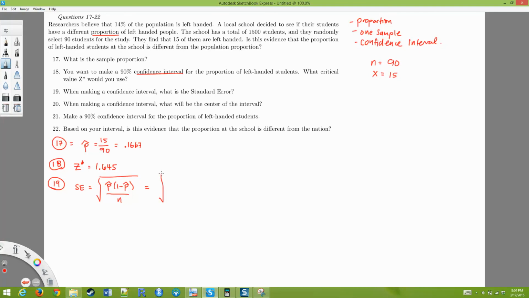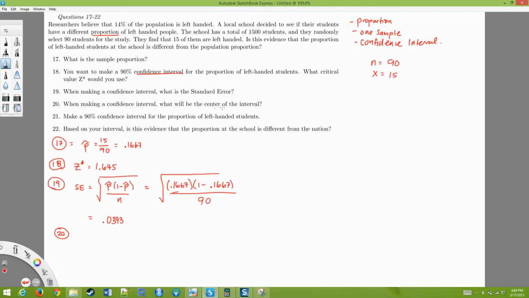So I take the square root of 0.1667 times 1 minus 0.1667 over n, which is 90. And when I do that math, I get 0.0393. Do I need to do that on the calculator, or are you guys good? We're good, right?